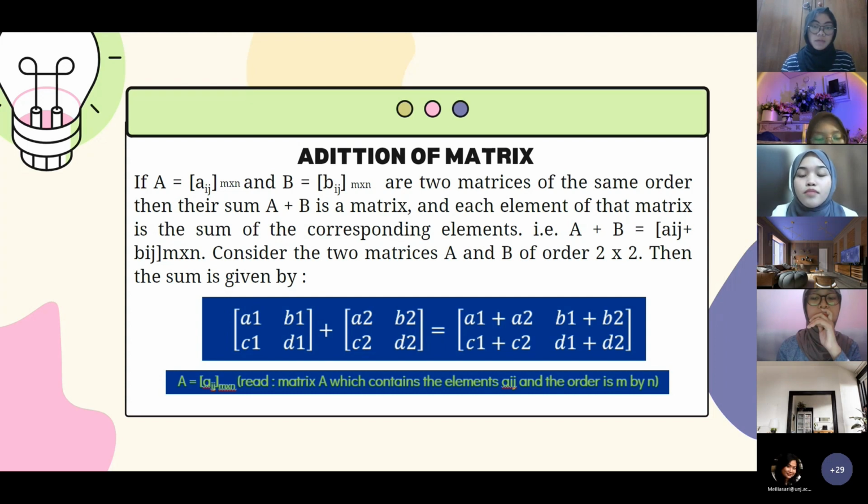That is, A plus B equals the elements a_ij plus b_ij, of order m by n. Consider two matrices A and B of order 2 by 2, then the sum is given like this, as you can see in our presentation.